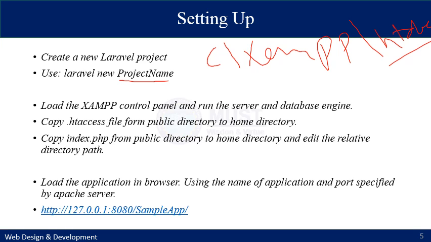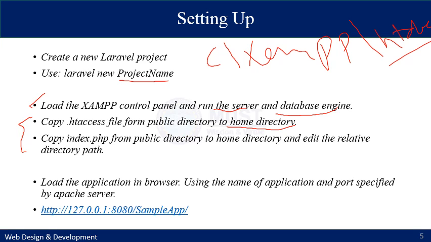Next you have to load the XAMPP control panel and run the Apache server and the database engine for the application. Then there are two steps that you have to do to actually make your application run. The first step is to copy the .htaccess file from the public directory and paste it to the home directory of your application.